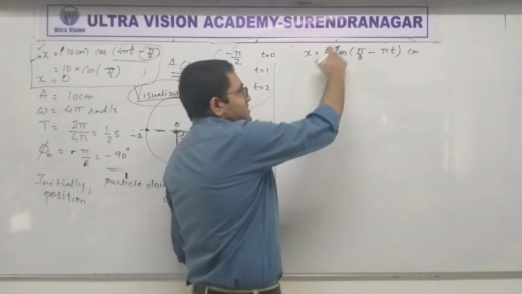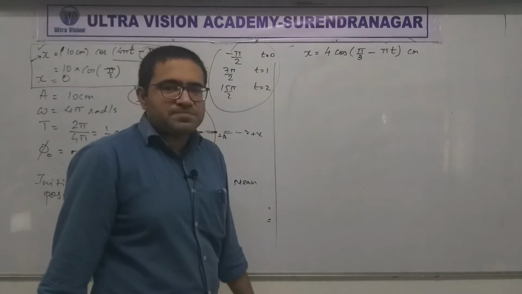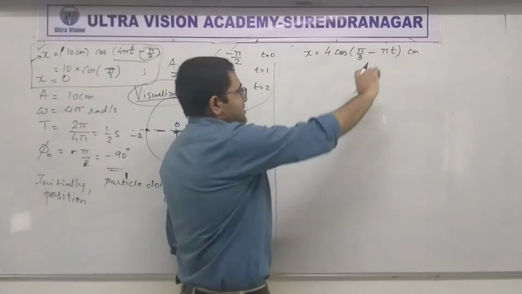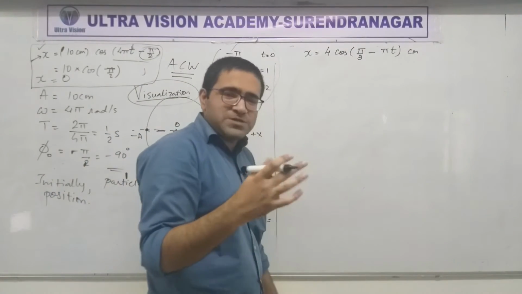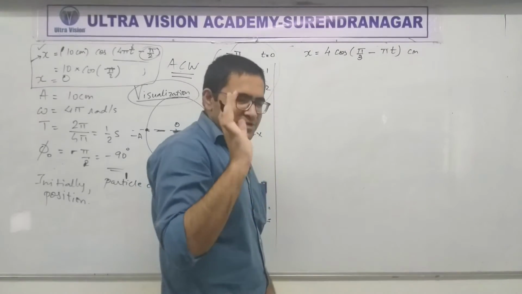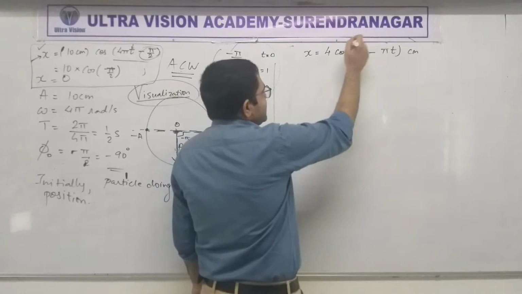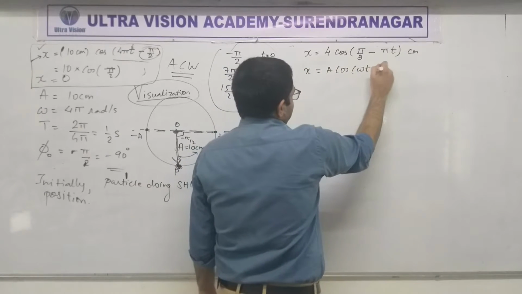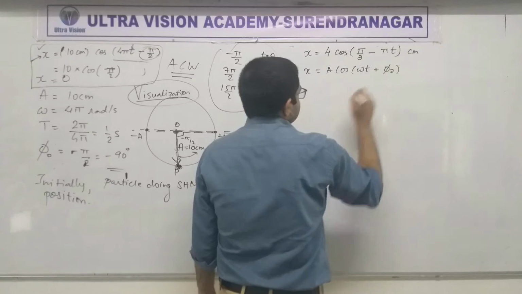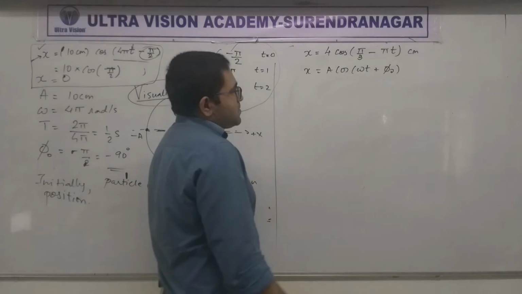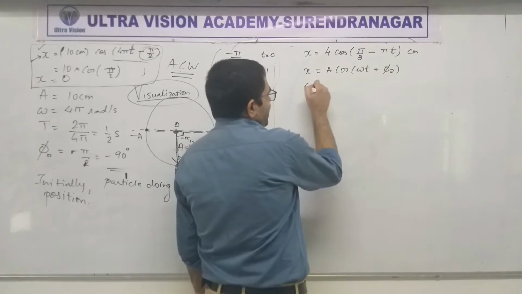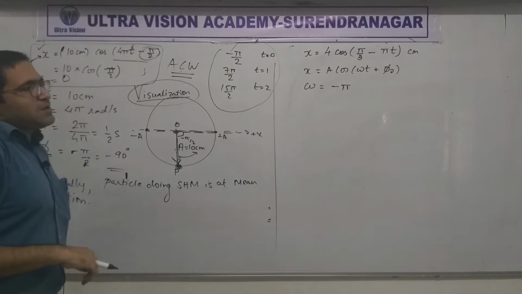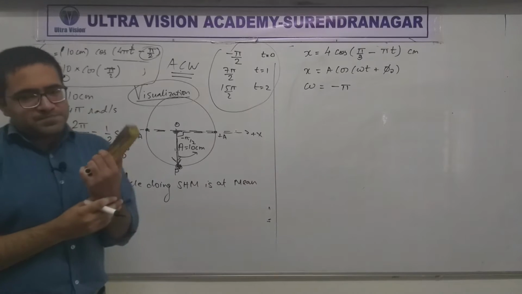And if you just pick it up directly like this, you see what happens. Listen to this carefully. There are multiple ways to do this. Be cautious. Listen to every word carefully. If you would compare it with x equal to a cos omega t plus phi 0, that's it. Do you realize that here it looks like omega is minus pi, yes or no?